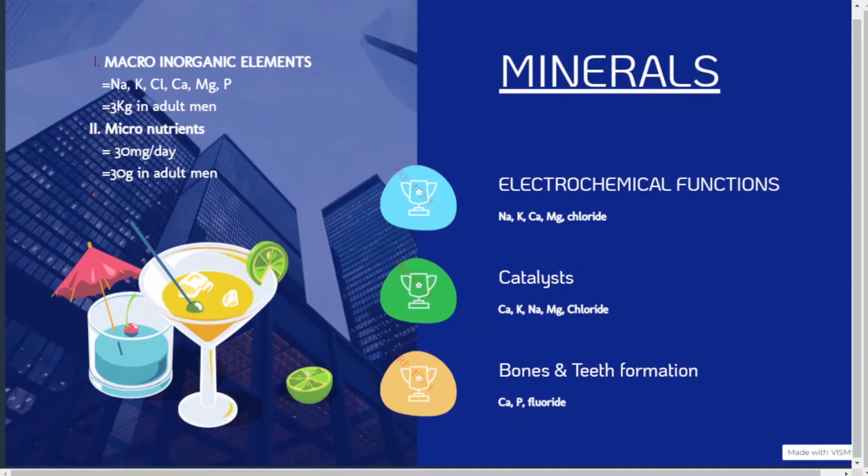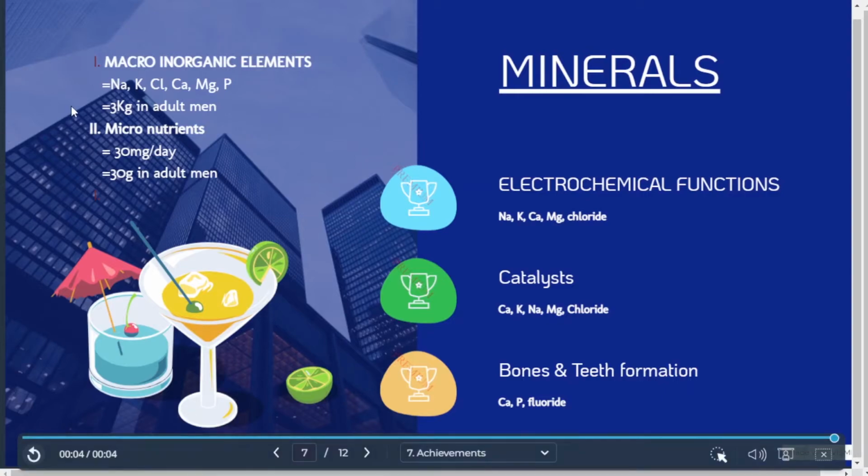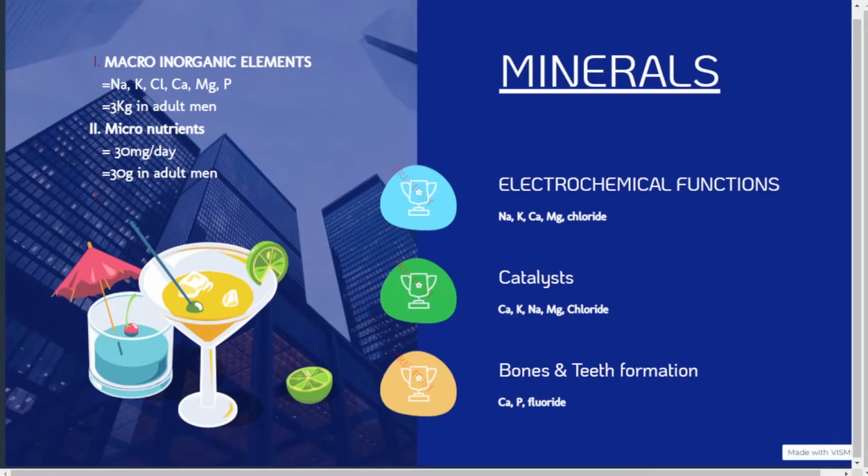Now macro minerals are sodium, potassium, chlorine, calcium, magnesium, and phosphorus. These are macro inorganic elements, or macro minerals, and they are present at about 3 kg in adult men. Oh my god, that's huge, right?